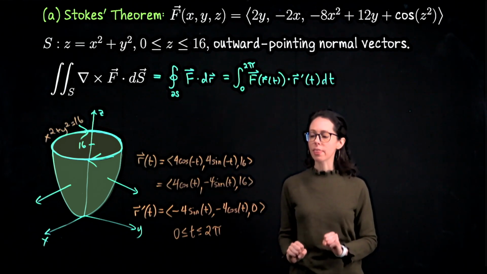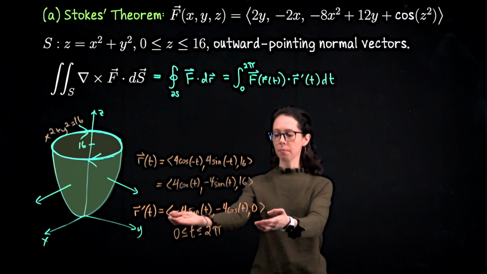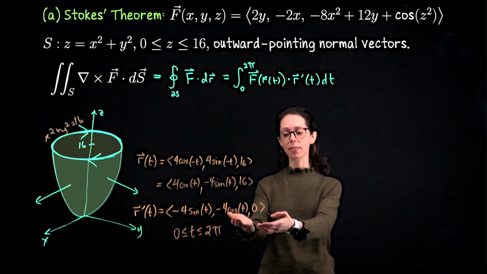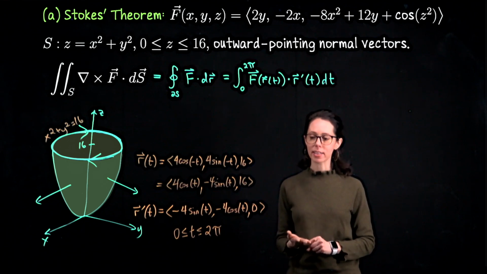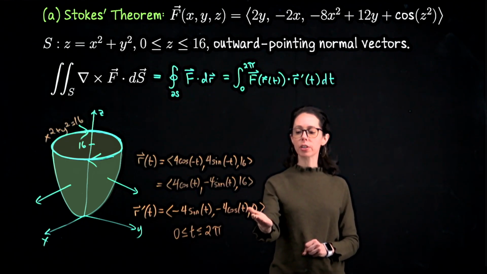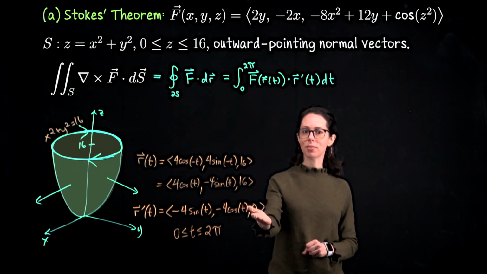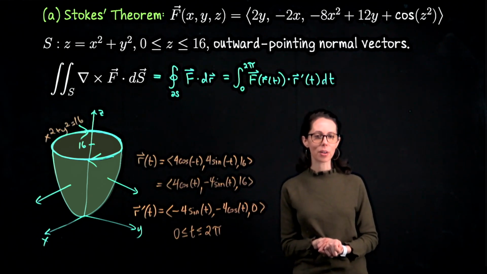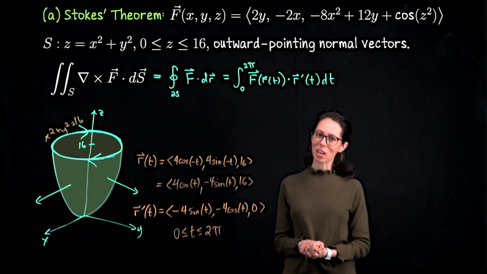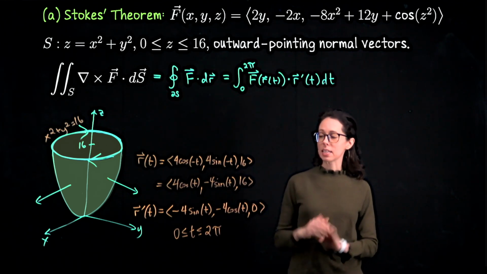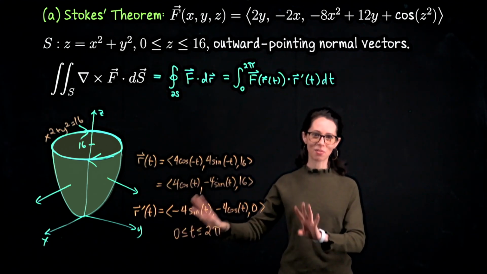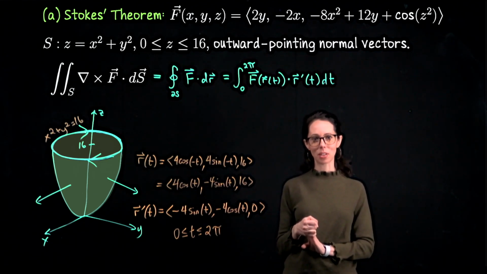We're going to dot that with this vector, negative 4 sine of t, negative 4 cosine of t, and 0. Which means in a minute, when I come back and we start writing this out, I'm actually not going to be too concerned about what the third component of f of r of t is, because it's just going to be multiplied by 0. So that's going to be a nice simplification that we see when we start computing this. But let me pause for a moment, take a minute, and make sure you've got all of this ready to go, and then we will come back and finish this computation.